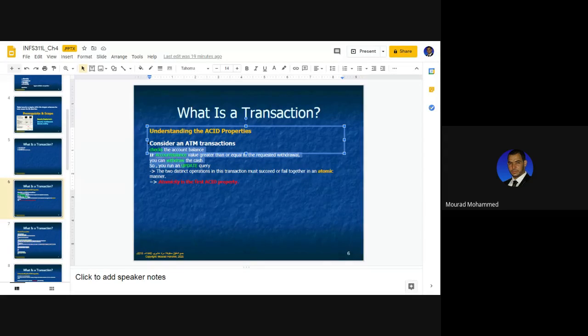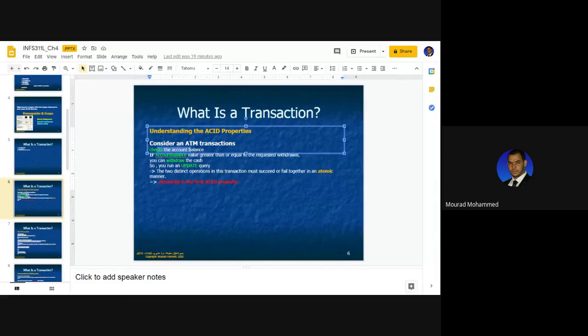Of those four tasks, if one fails, all of them have to fail. It means either to execute them all, or they all have to fail. It means there has to be a rollback. You cannot fail the checkup of the account, but we can cancel; the system has to cancel this step.